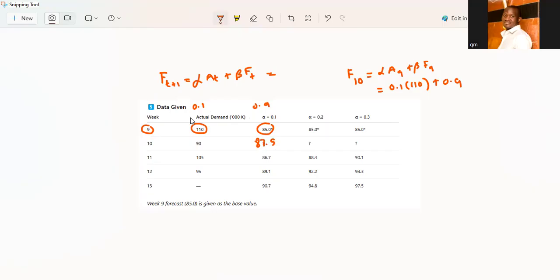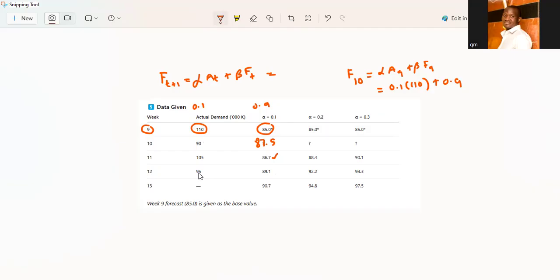Then you can prove your answer. If it is correct, you can continue here: 0.1 times 90 plus 0.9 times 87.5 should give you this. Then you go again, 0.1 times 109 plus 0.9 times 86.7 to give you that.